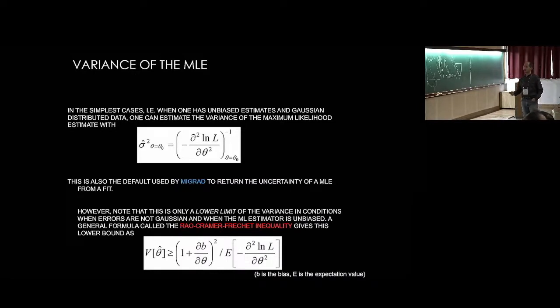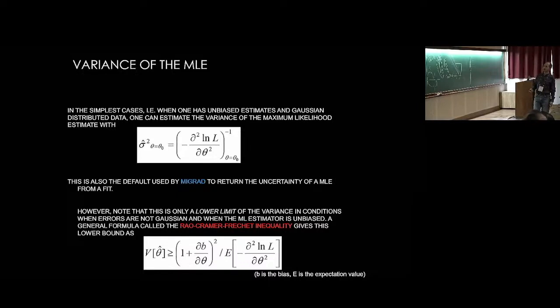This, however, should be understood to be a lower limit, and it is valid when you have Gaussian PDFs. When you have distributions that are not Gaussian, typically the variance estimate has a larger value than this lower limit.